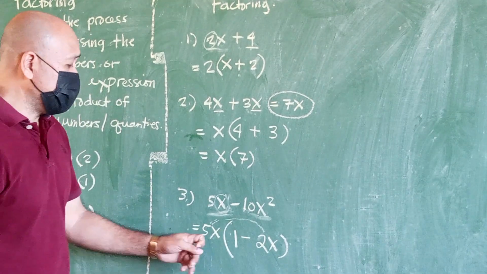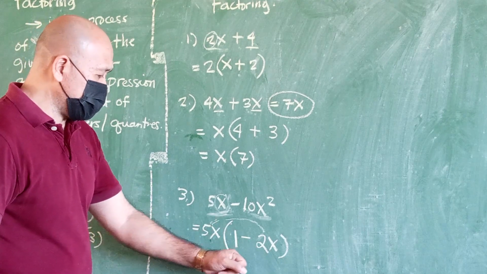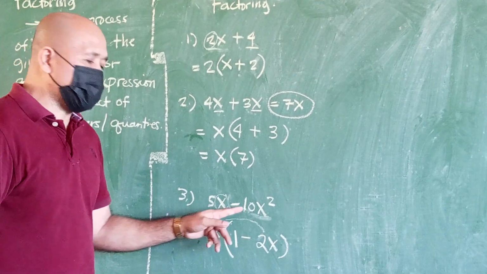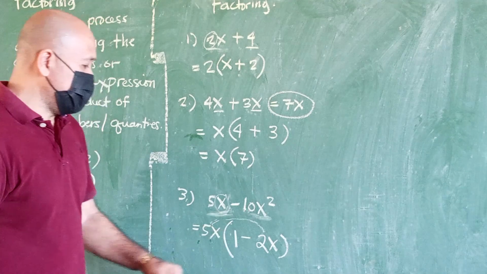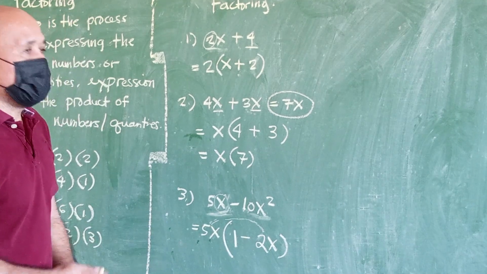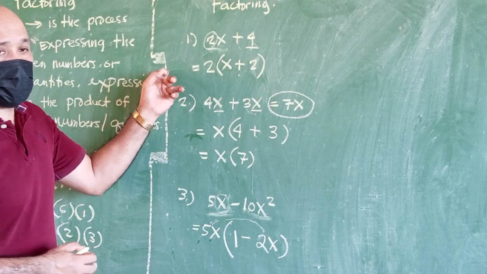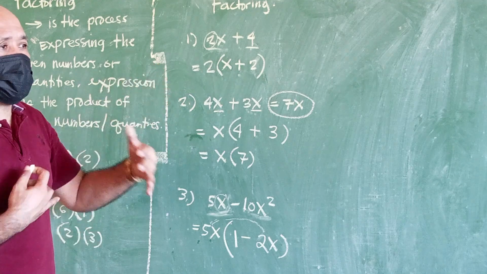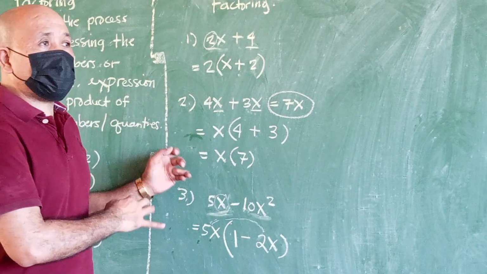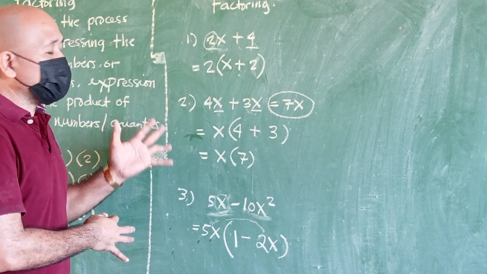So therefore, 5x and the quantity of 1 minus 2x are the complete factors of 5x minus 10x squared. So these are just among the expressions that can be factored using a common monomial factoring. There are plenty of algebraic expressions where you can apply the common monomial factoring, and these are just few of them.